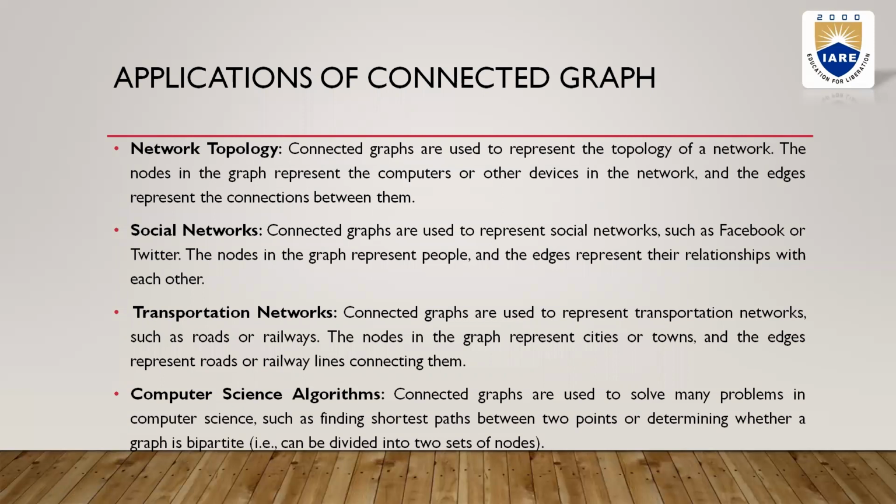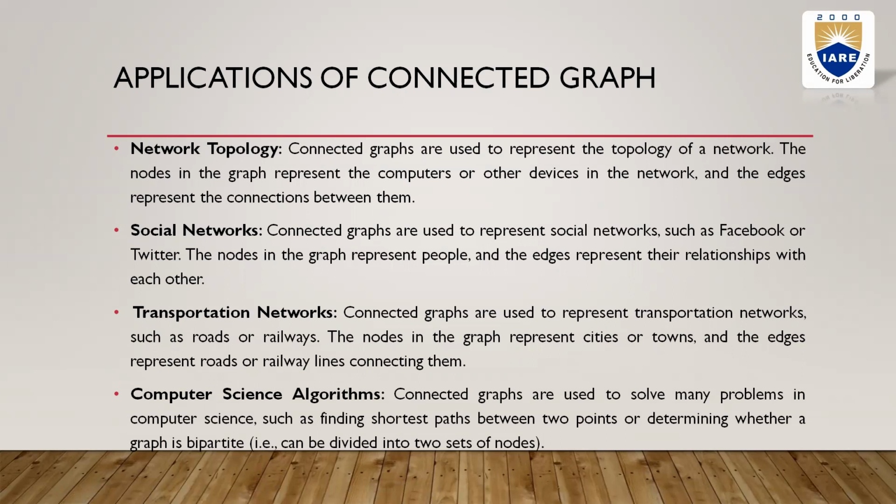The nodes in the graph represent the computers or other devices in the network, and the edges represent the connections between them. In social networks, connected graphs are used to represent social networks such as Facebook or Twitter. The nodes in the graph represent people, and the edges represent their relationships with each other.